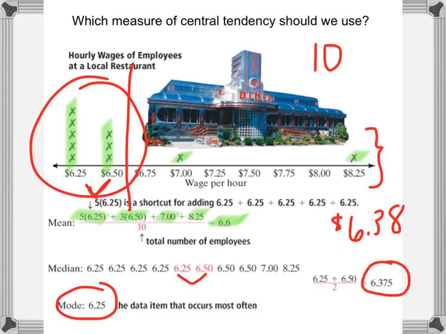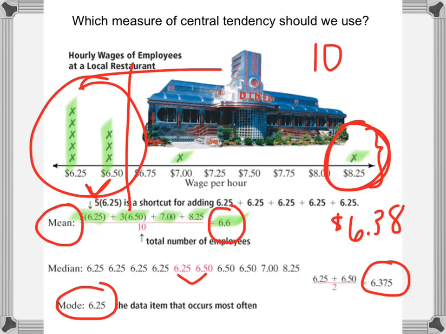I would say that the reason why the mean is skewed upwards, why it's $6.60, and we said that most employees receive less than $6.60, is because you had an outlier here. You had one person that received about a $2 increase from what most of the workers earned.